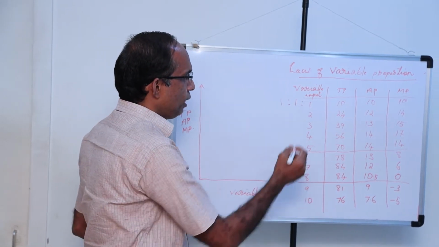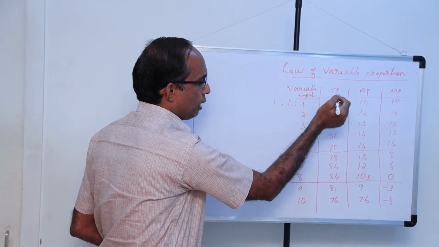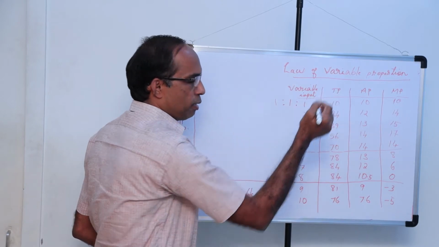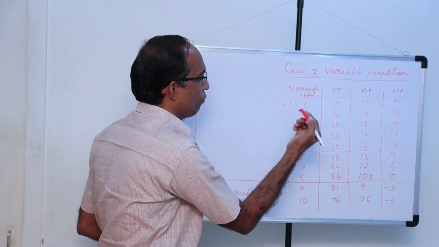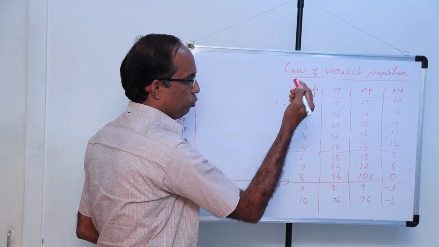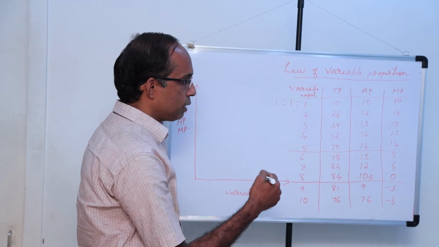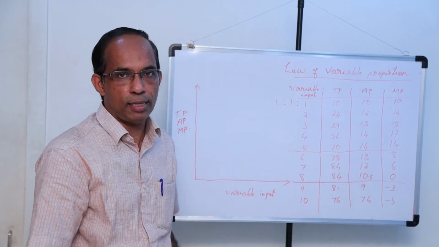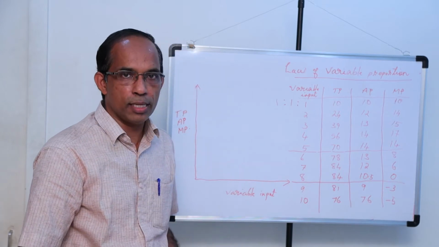When he uses the first kilogram of wheat flour, he can produce 10 breads, and he increases the variable input to 2. Then what happens to total product? Total product increases at an increasing rate. Why should I say increases at an increasing rate?